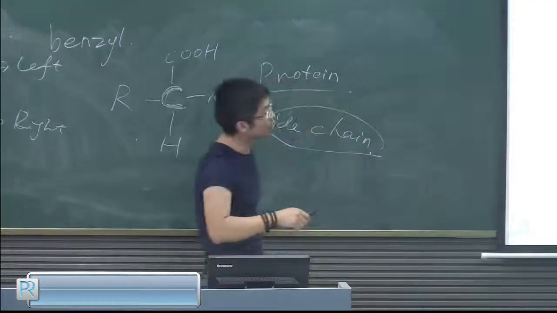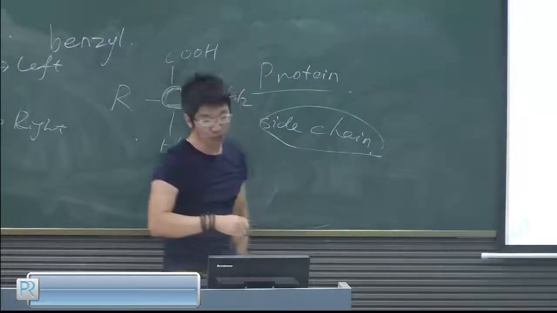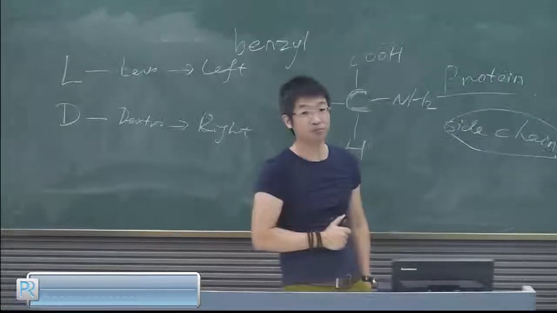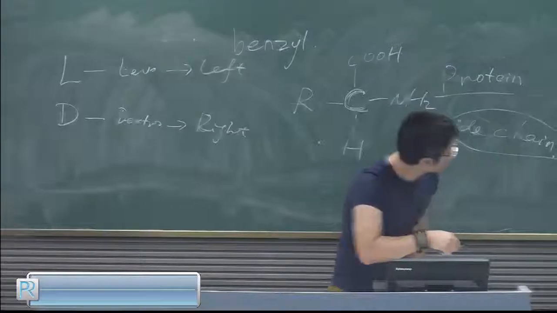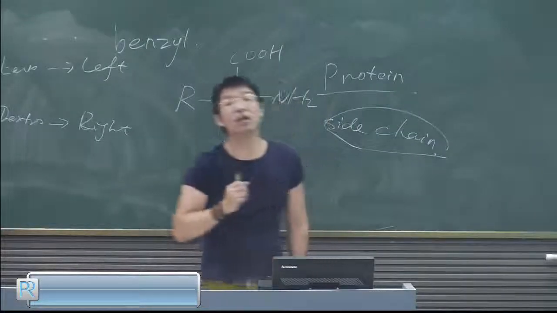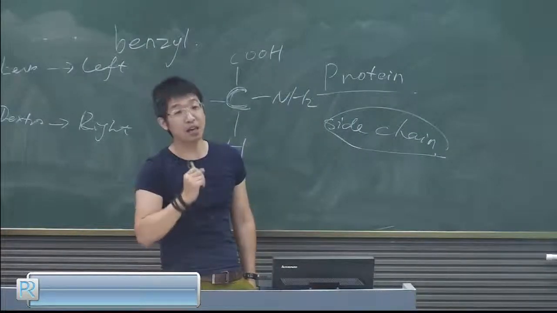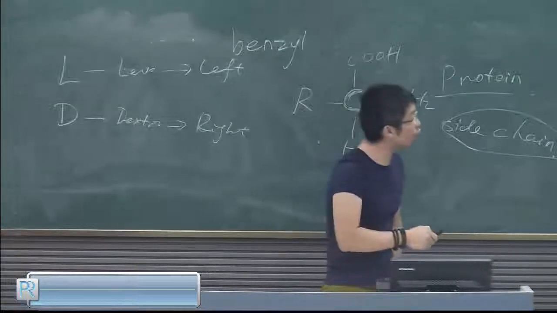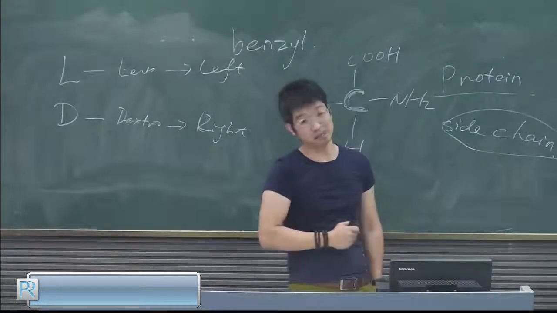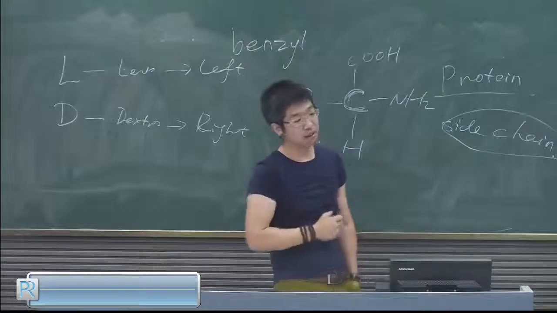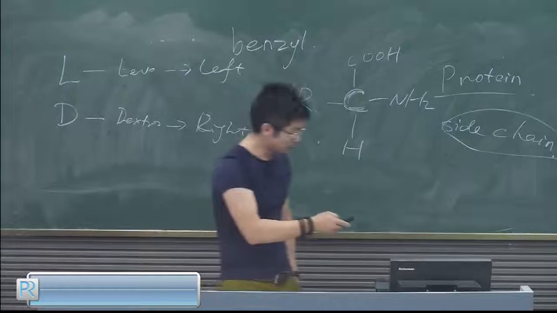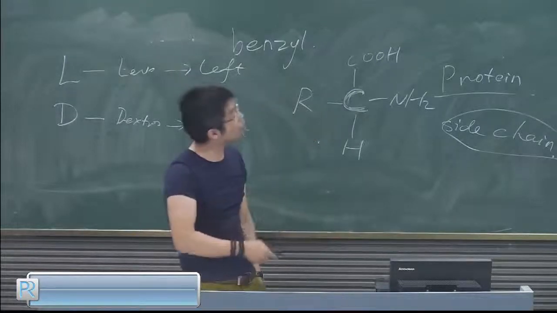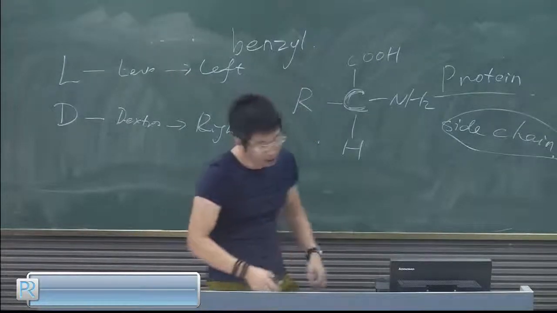How many amino acids are in this small group? 1, 2, 3, 4, 5, 6, 7, 8. So there are 8 different amino acids belonging to the hydrophobic aliphatic amino acids. This is the property of the side chain, based on the first small group of amino acids.